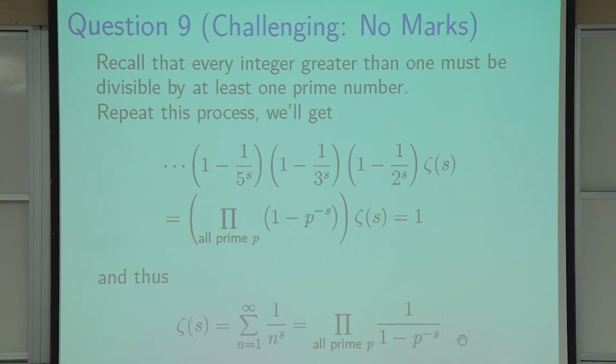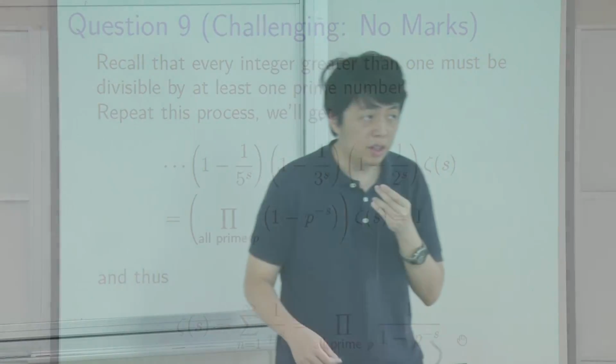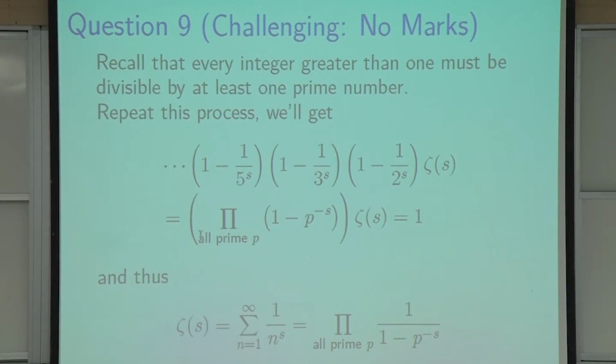So all that is left is 1, which is not divisible by any prime number. So the product of all the factors for the prime numbers times the theta function is equal to 1. And we move this to the right hand side, so we get the equation we want to prove.